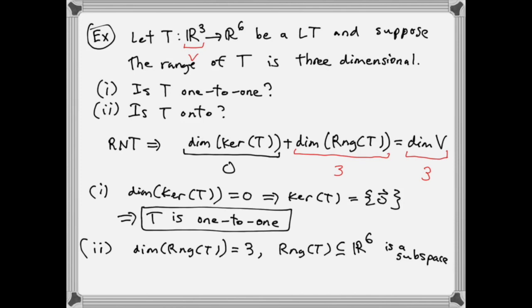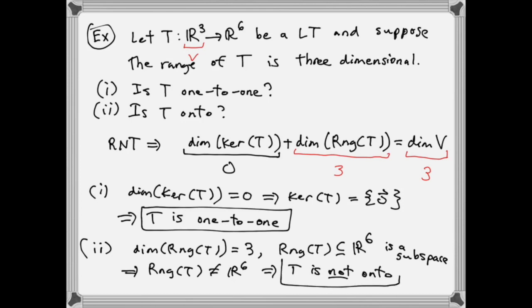Well, if the range is 3-dimensional, it can't be all of R6 because R6 is 6-dimensional. So this implies that the range of T is not equal to R6, which implies that T is not onto. So the rank nullity theorem is extremely powerful, especially when we use it in combination with the theorem about being one-to-one.